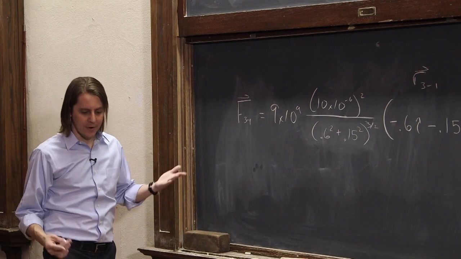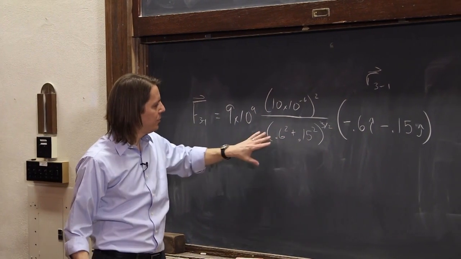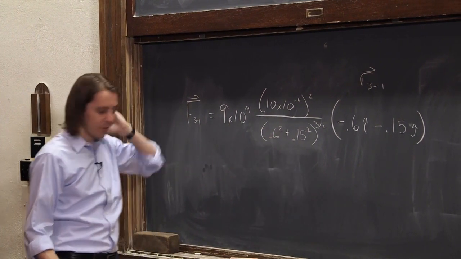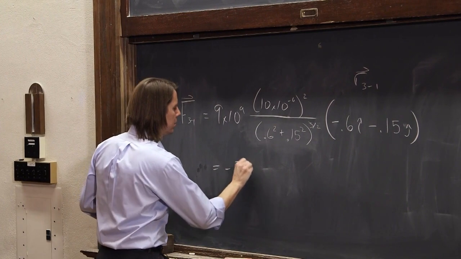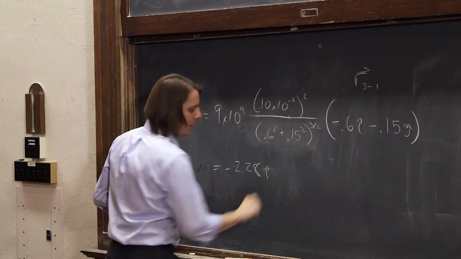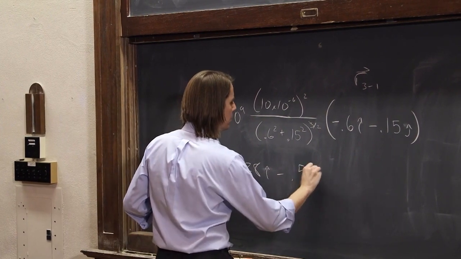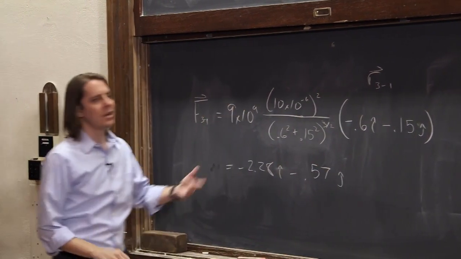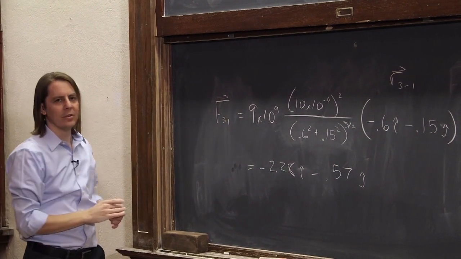That is your vector. If you break that down into components and solve everything, doing this 0.6 squared plus 0.15 squared to the 3 halves, you'll get minus 2.28 I hat and minus 0.57 j hat. It gives the same thing we got last time. And then when you add them up, F21, F41, F31, of course, you still get the same thing.